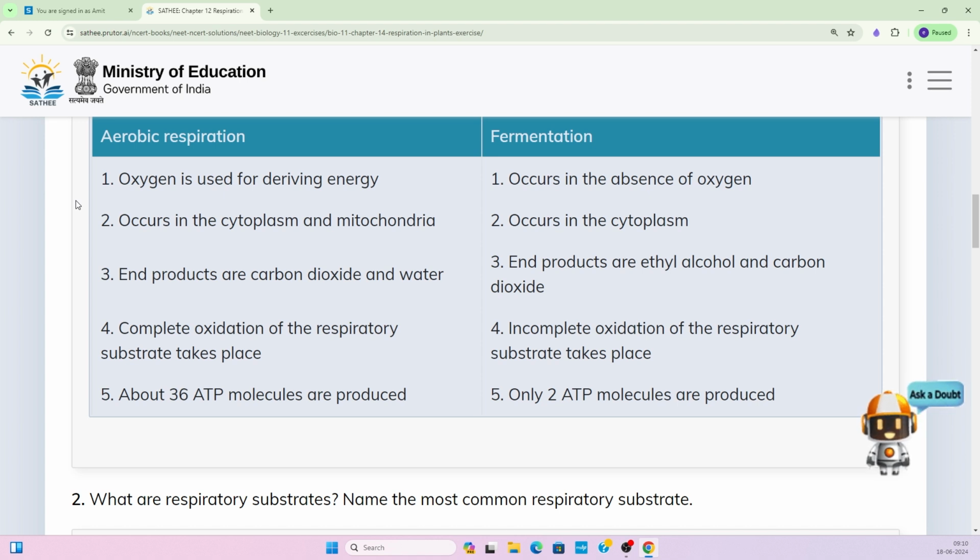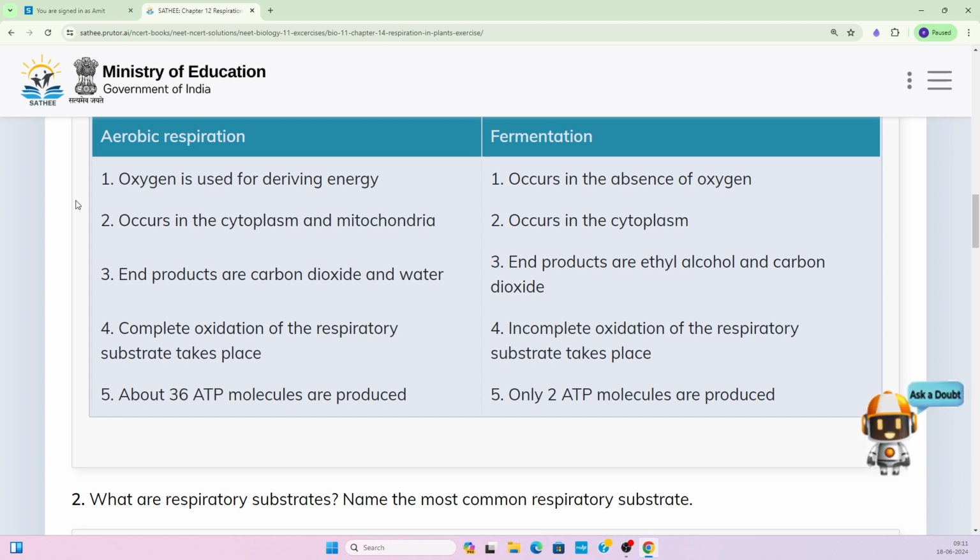So both the organelles are very important, both the compartments, the cytoplasm and the mitochondria. Next, fermentation takes place in the cytoplasm only. No mitochondria is involved in the process of fermentation.